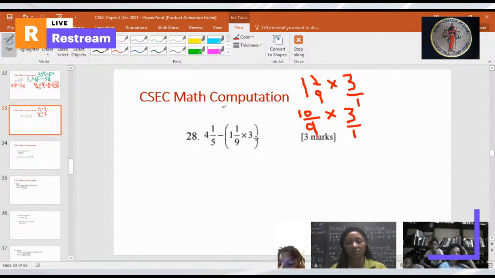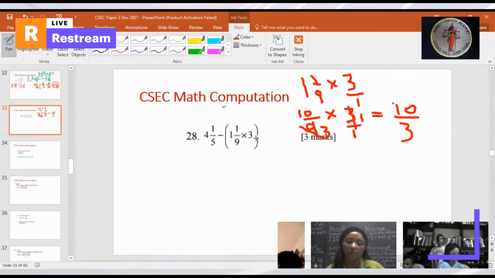Miss, am I supposed to reduce this? Okay, Miss, 3 into 12 goes 1 time, and 3 into 9 goes 3 times. So it should be 10 over 3, Miss.